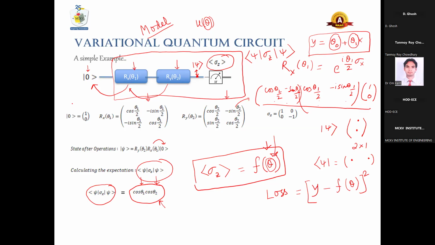Now, if you want to have many more parameters, you apply another gate. Let's say you want a third parameter to be involved, so you apply again, like RZ theta 3. It is very simple, like classical machine learning models. Let's say you have a data set. Do you want to model it with a linear model, or with a quadratic model? Then you will have another parameter.